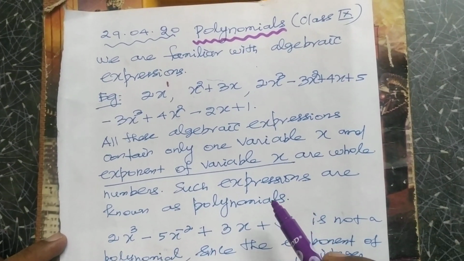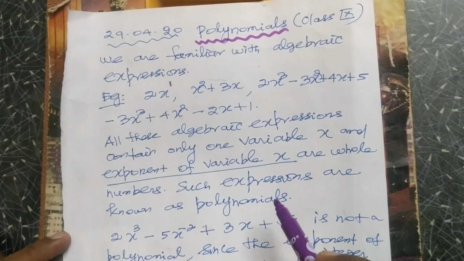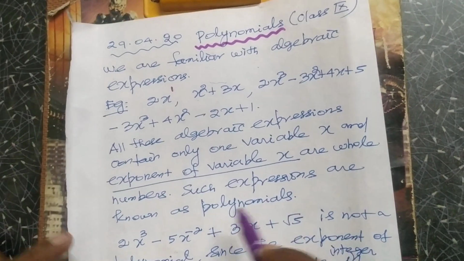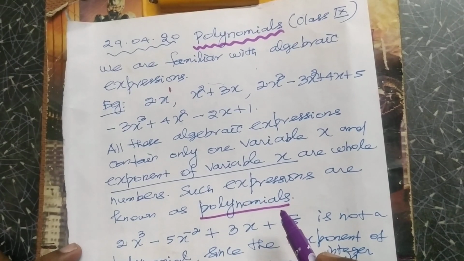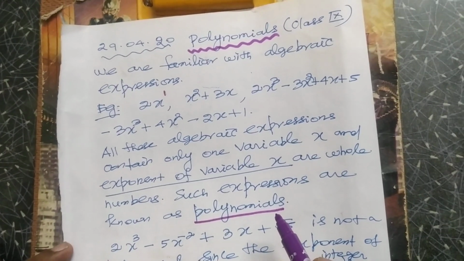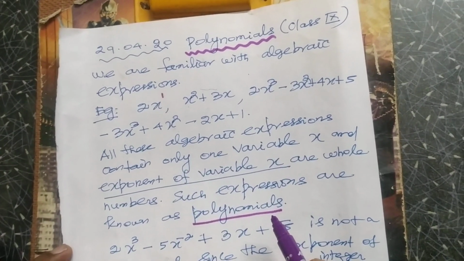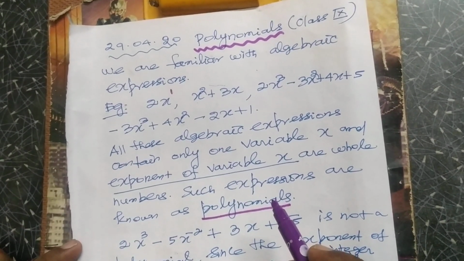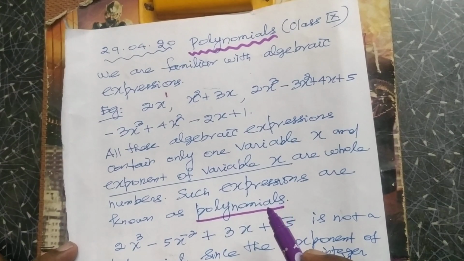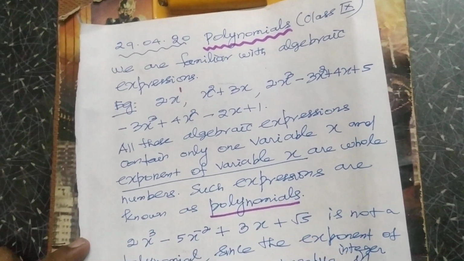Like that, exponents of the variable are whole numbers. Such expressions are known as polynomials. A polynomial is an algebraic expression in one variable, in which the exponent of the variable should be a positive integer, that is a whole number.